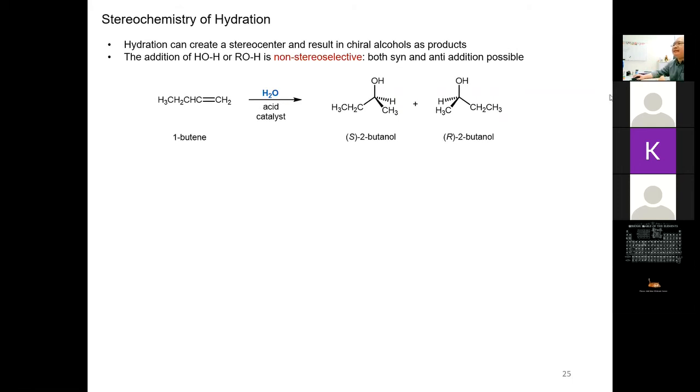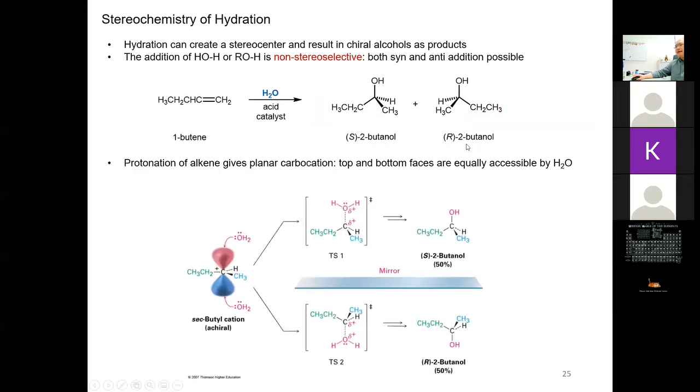So imagine you generate a carbocation here, and then the OH can attack from the above side or the bottom side. From the above side, it generates S-butanol, and from the bottom side, it will generate R-butanol.